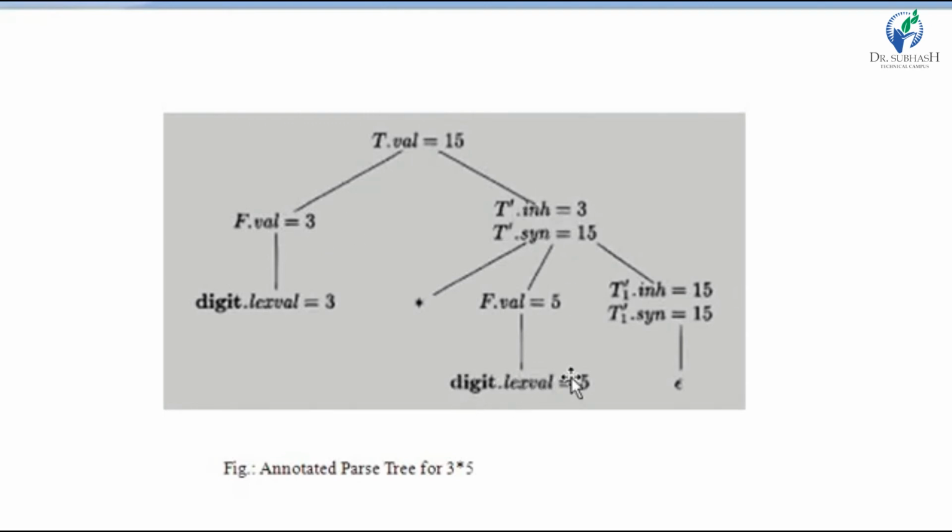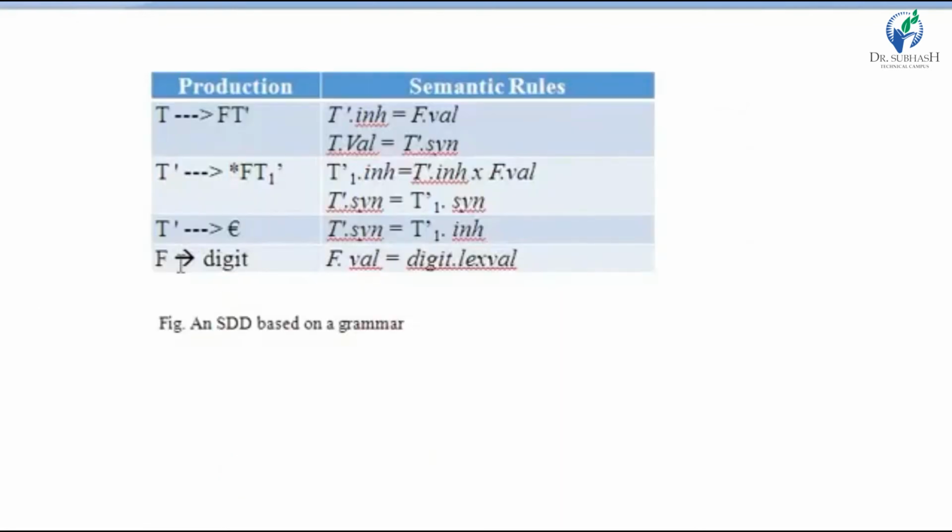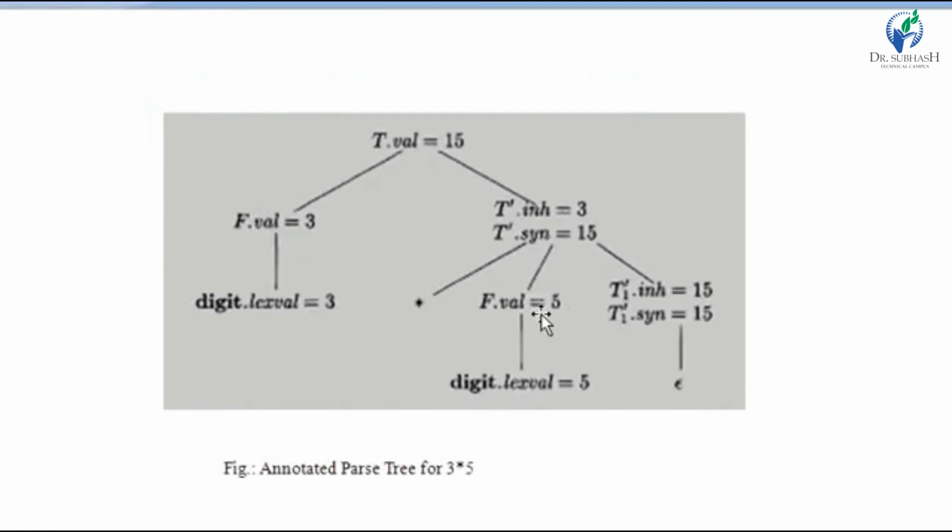Here digit.lexval is equal to 5. F gives digit, so F.value equal to 5. 3 into 5, so T'.synthesized attribute is equal to 15.